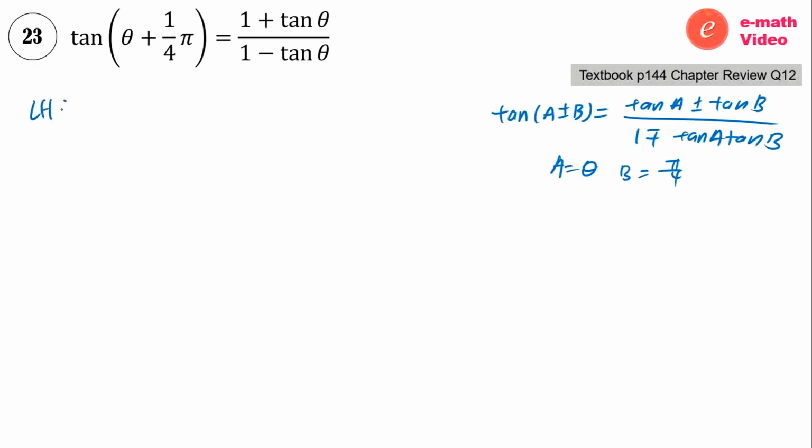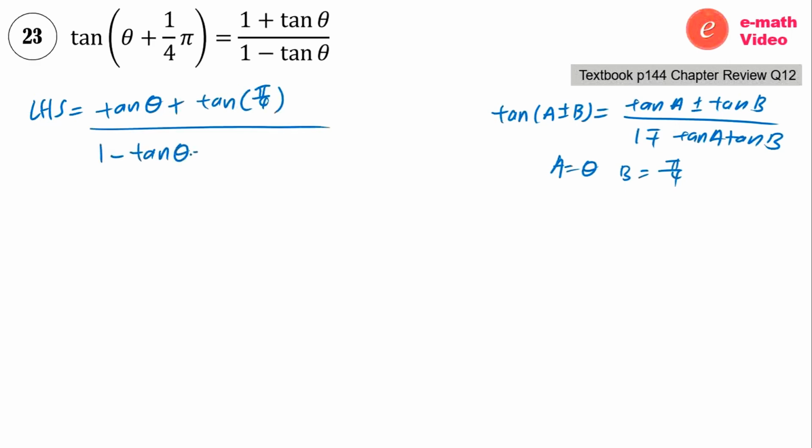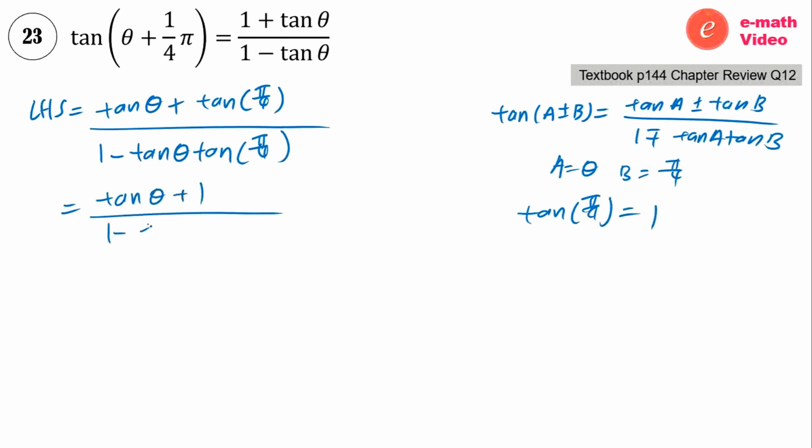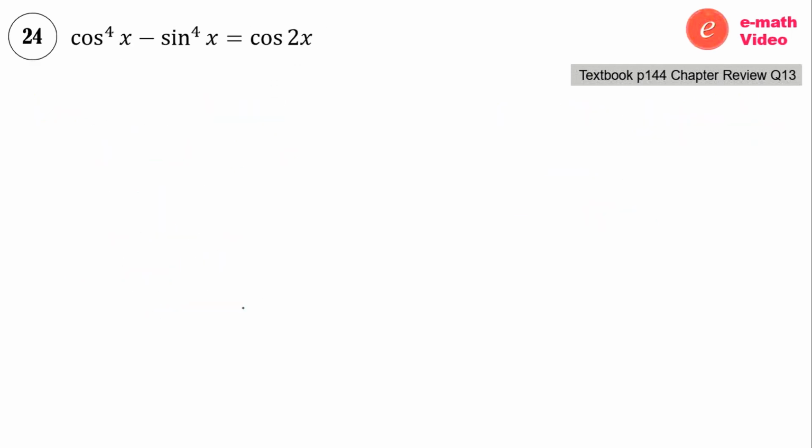So the left hand side equals tan theta plus tan pi over 4 over 1 minus tan theta tan pi over 4, equals to, we know that tan pi over 4 is 1, is a constant. So tan theta plus 1 over 1 minus tan theta times 1. Rearrange it, 1 plus tan theta over 1 minus tan theta. Proven, right hand side.